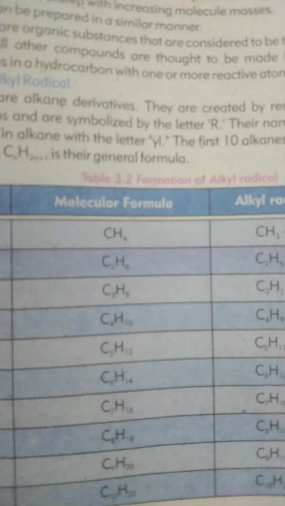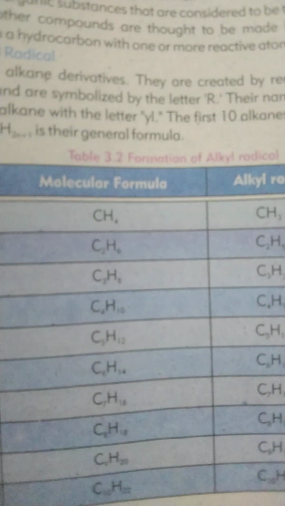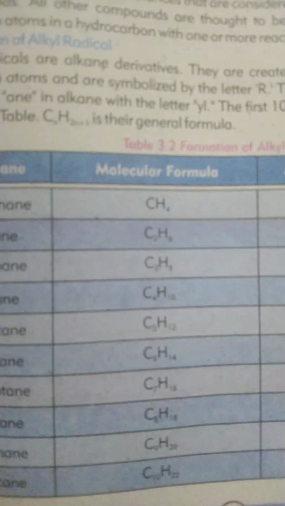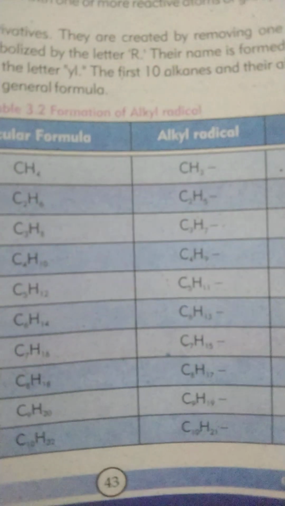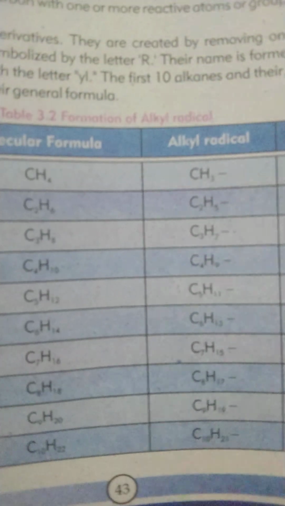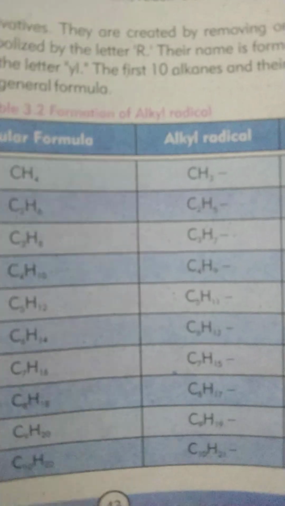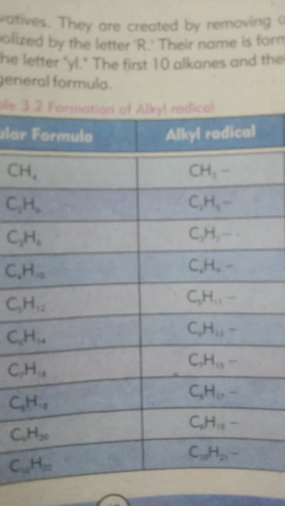They are the most significant homologous series of compounds. Alkyl radicals are mostly derived from the alkanes, with one hydrogen atom less. So this form is seen as alkyl.